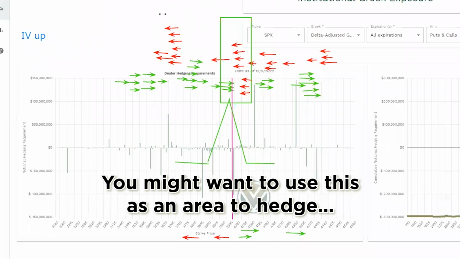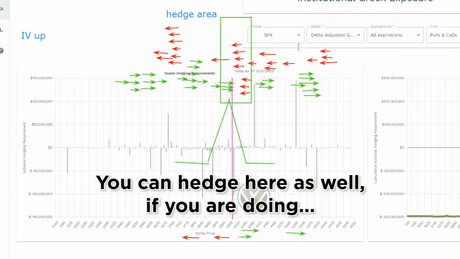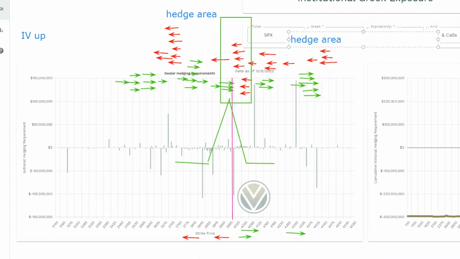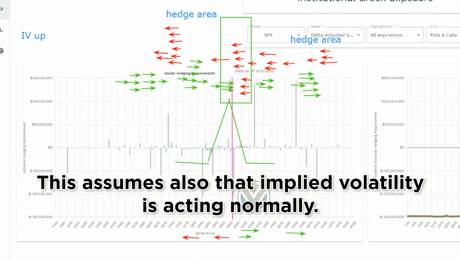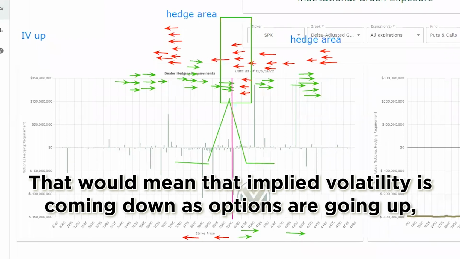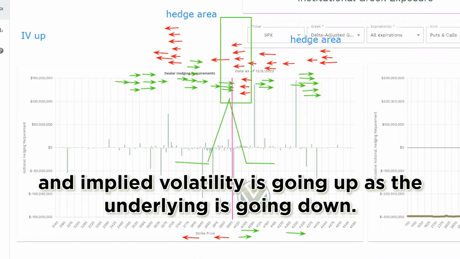So you might want to use this as an area to hedge, and hedge here as well. This assumes also that implied volatility is acting normally. That would mean that implied volatility is coming down as options are going up and implied volatility is going up as the underlying is going down.